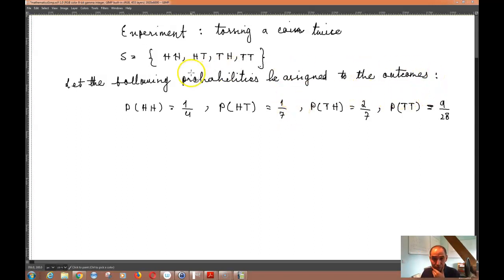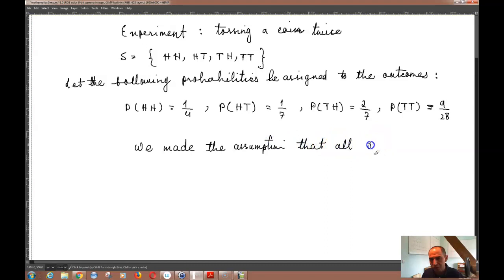This is actually the concept that we talked about before: in an experiment, we made the assumption that all outcomes were equally likely to occur.